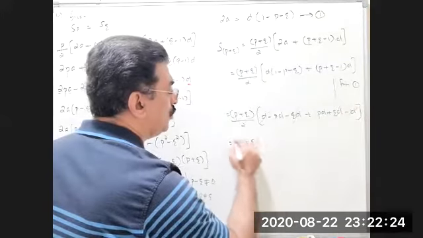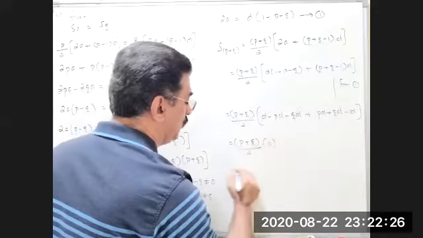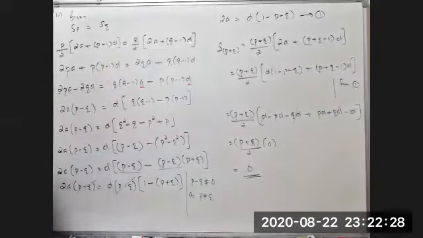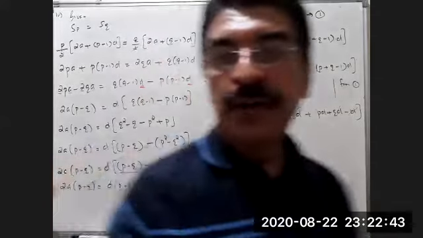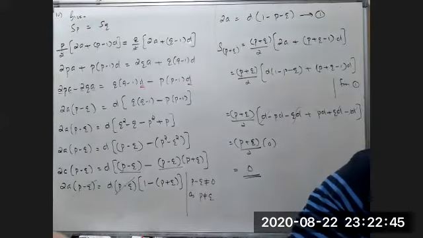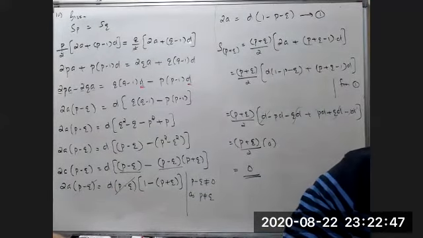P plus Q by 2 into 0. Anything multiplied by 0 is 0. Slightly lengthy, but you did this question in class 10 as an extra question.